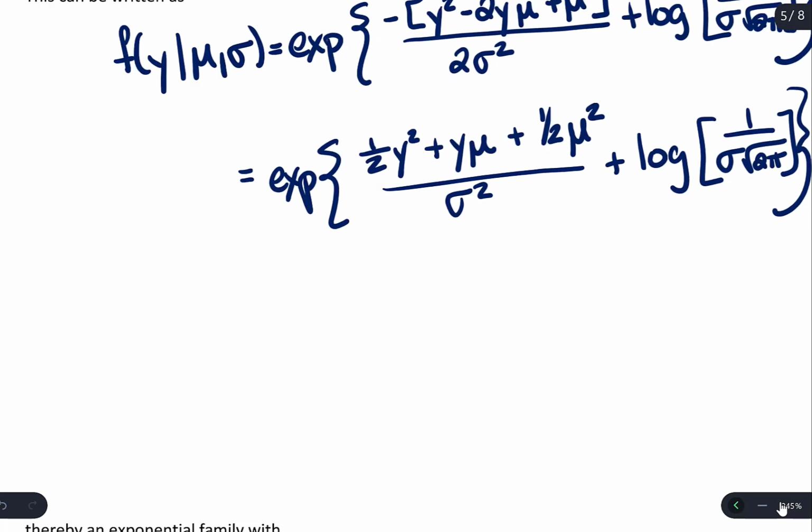And then last, remember what I really want here in this first piece divided by sigma is y times some function of mu and then just a function of mu. I don't want this piece that involves y squared. So I'm going to move that over.